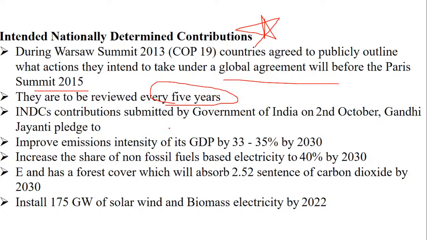The government of India took the pledge on 2nd of October, wherein it decided to reduce emissions intensity by 33 to 35%, increase non-fossil fuel share to 40%, ensure forest cover absorbs carbon, and install 175 gigawatts of solar energy and biomass electricity by 2022. So these were the proposals given by India, and there was one question on this. I have revised this now, so it becomes easier for you to remember.